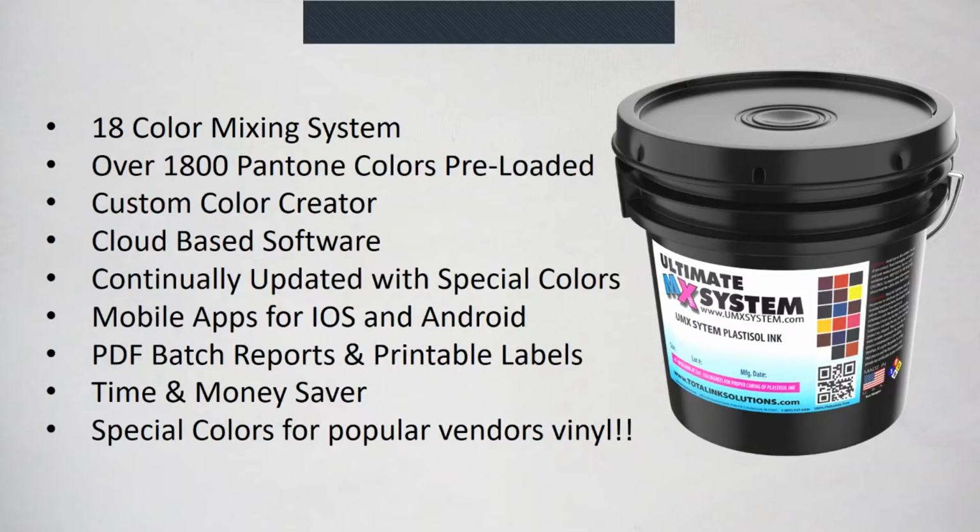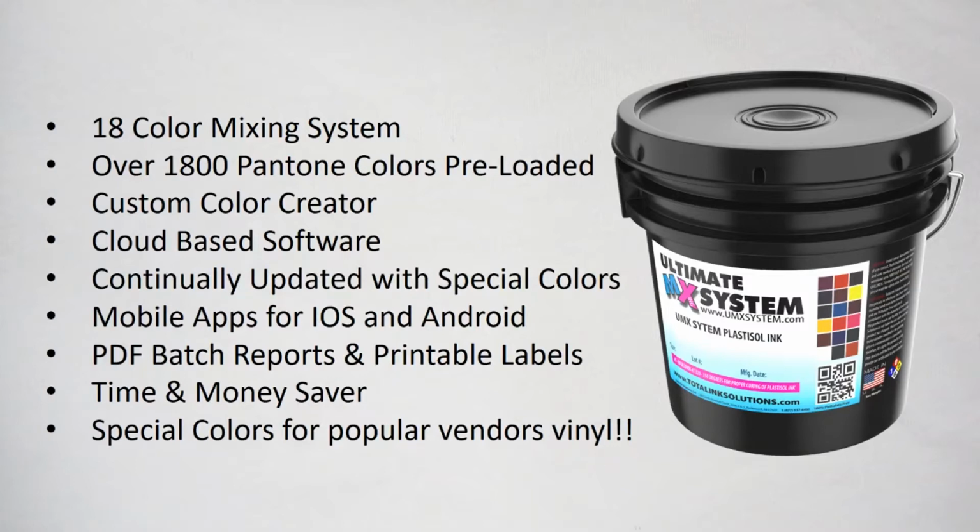Just jumping back to get through this slide real quick. Other benefits with the software: when you're making your colors, you can create PDF batch reports and print out labels. So say you do that 426, you can click print.